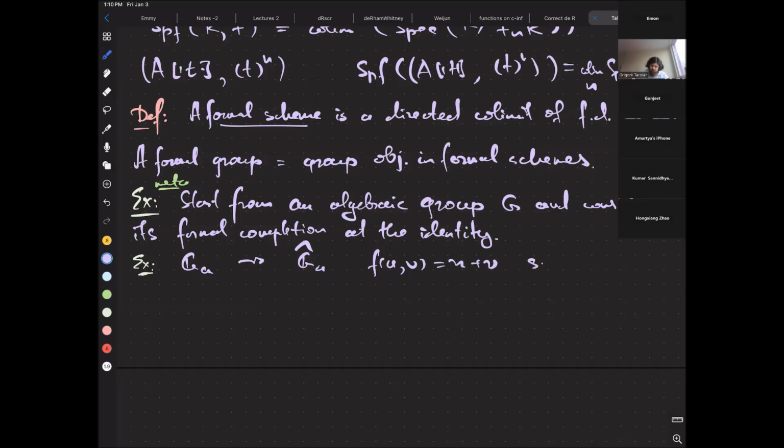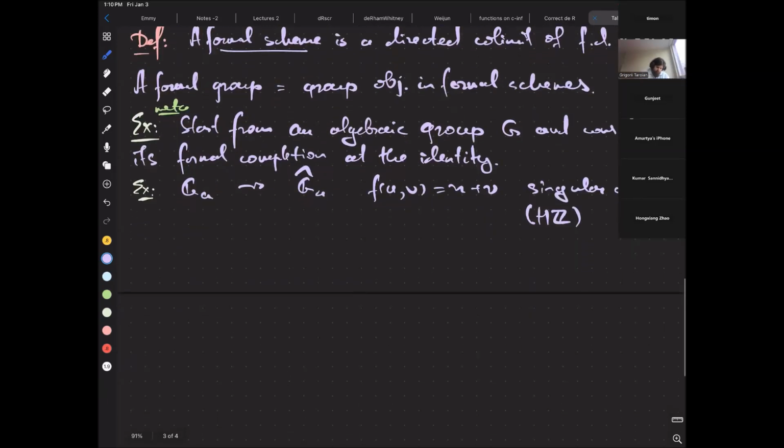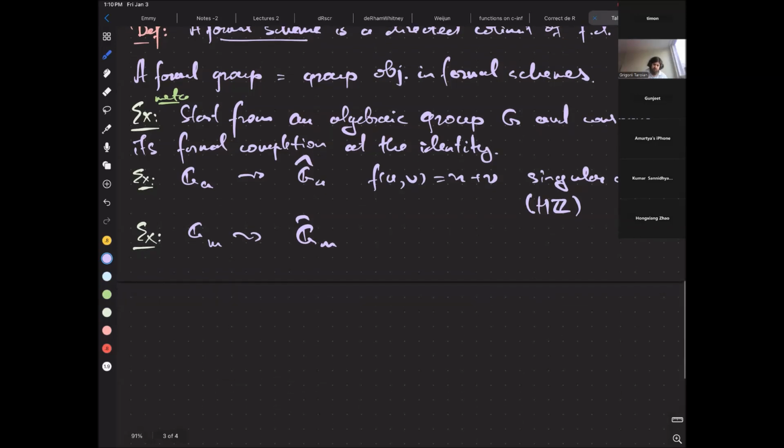And this is, of course, just singular cohomology, or HZ if you want. And another example is that you can take the multiplicative group scheme and, by taking its formal completion at the identity, you get the formal group law that controls K-theory.